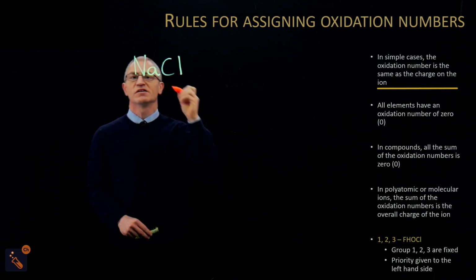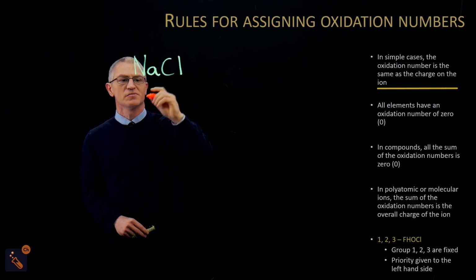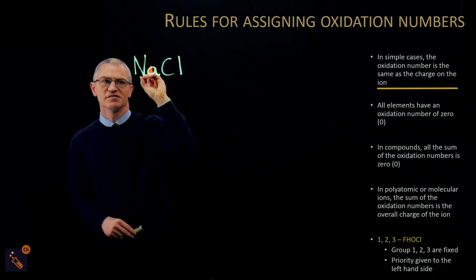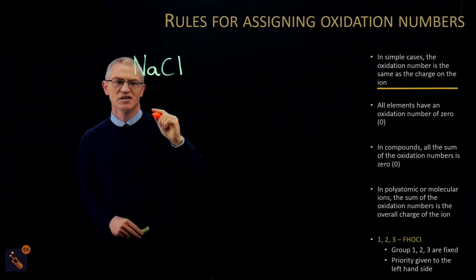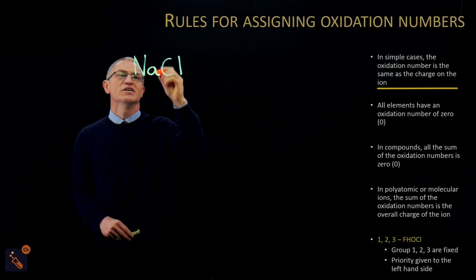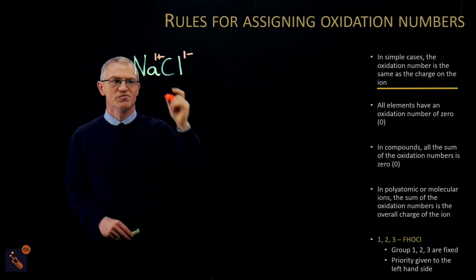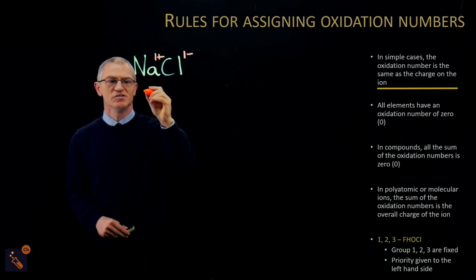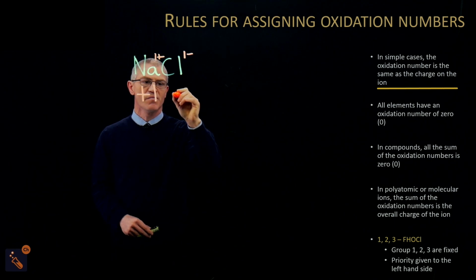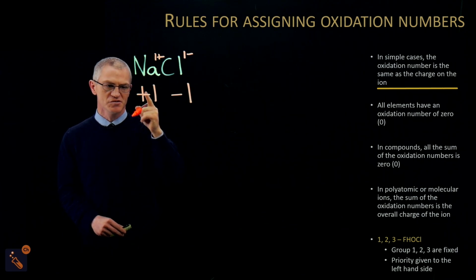So what we can say is, group 1 all have 1 plus ions. And this is the important change: if you're doing oxidation numbers, although the oxidation number is the same as the charge, we switch round the sign. Normally you would say this is a 1 plus ion and this is a 1 minus ion. If we're referring to oxidation numbers, it's going to be plus 1 and minus 1, because we know that the plus is first.